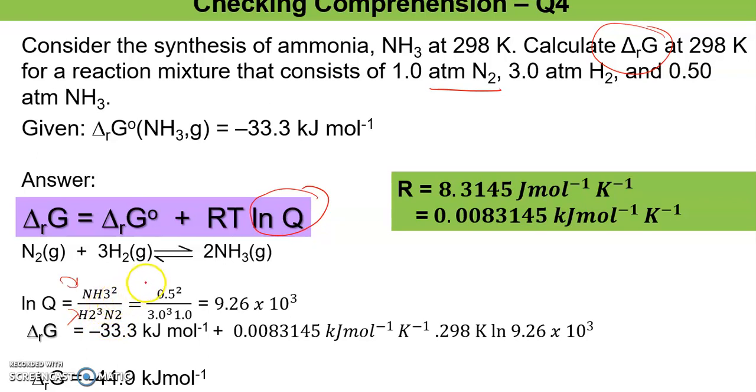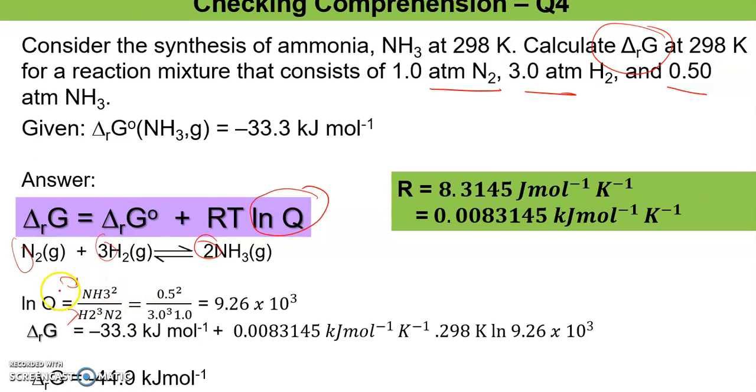For the product, we have the value of each component in our system. So now our ammonia is 0.5 squared, divided by our hydrogen gas, which is 3.0 atm, so 3 to the power of 3, because this is our coefficient. Remember this one that I said before.